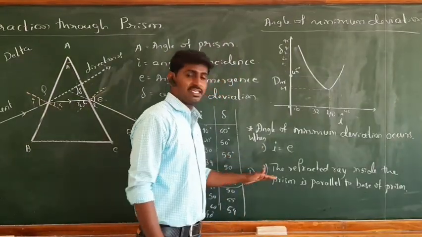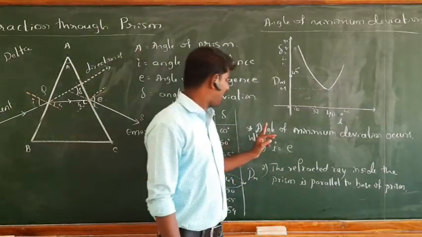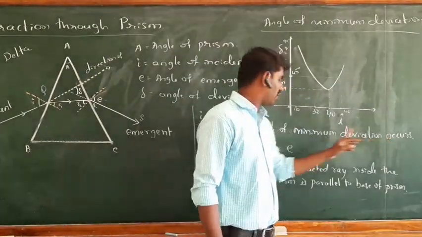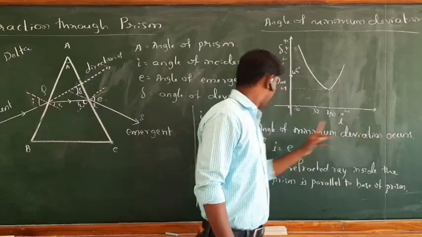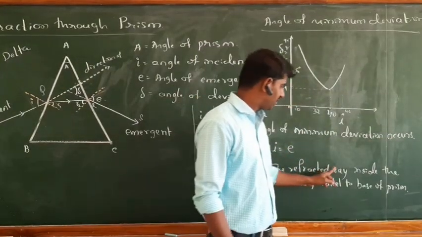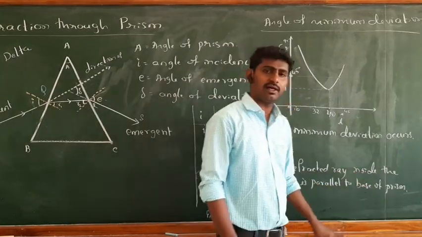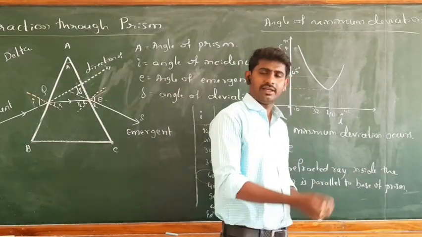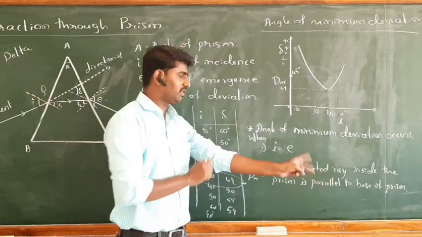Okay, these are the things what I explained here. So the angle of minimum deviation or the minimum deviation occurs when I equal to E and the refracted ray inside the prism is parallel to the base of prism, and the converse is also true. So you can say the reverse.